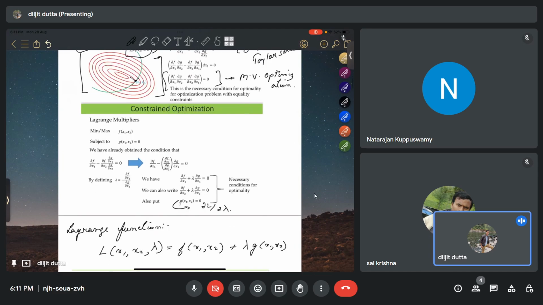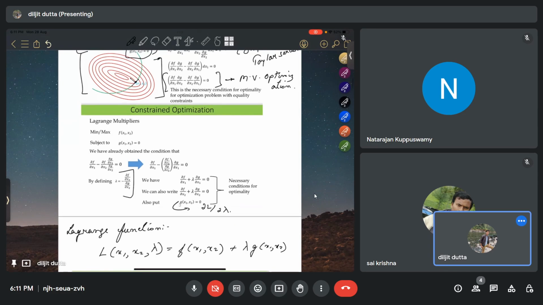Now, when we come to constrained optimization, we have got a necessary condition. There is a method called Lagrange multipliers, which is used for solving these constrained optimization problems. What we do here is define the term del f by del x2 divided by del g by del x2, with a minus sign, as lambda. This lambda is called the Lagrange multiplier.